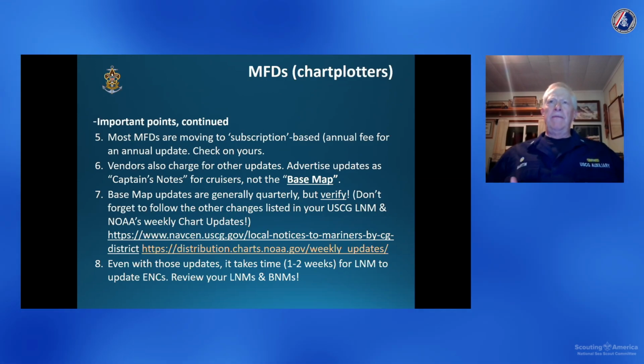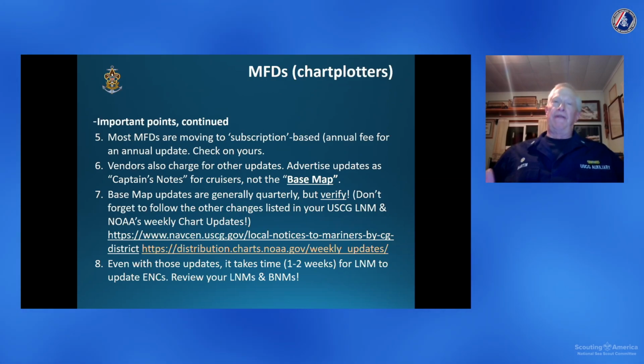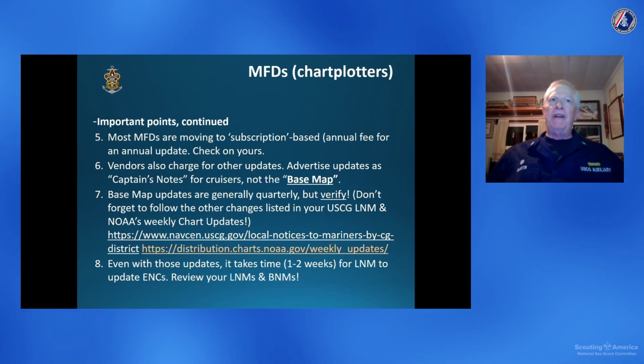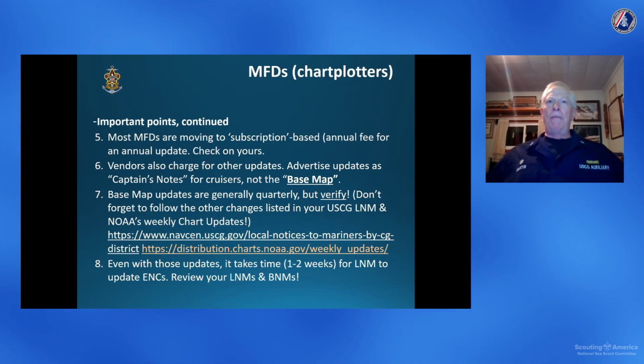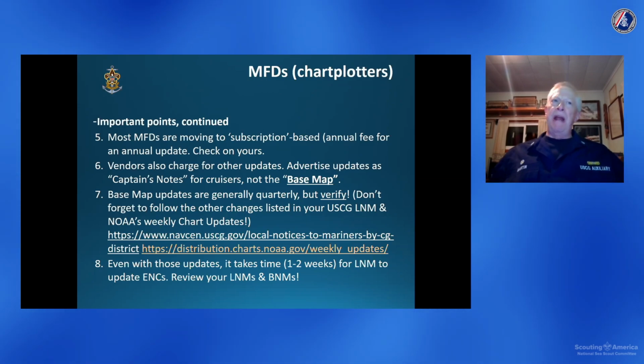But one thing you have to be aware of, for however long the paper charts have been around, down at the bottom left-hand corner, you could always tell when that chart was printed. It's not that easy anymore with the ENC. You have to go to the NOAA website to see when the last edition of that ENC came out, when the last update was made to it.